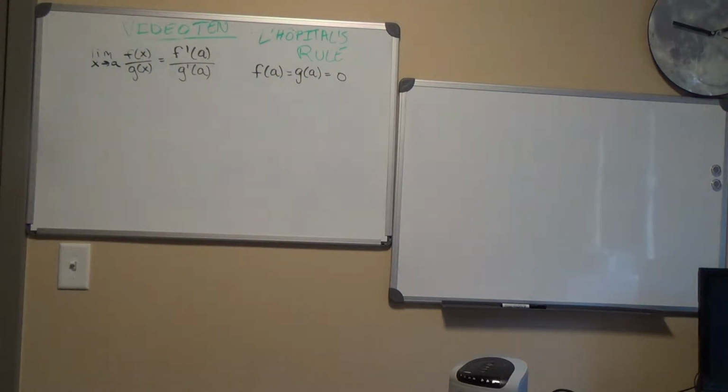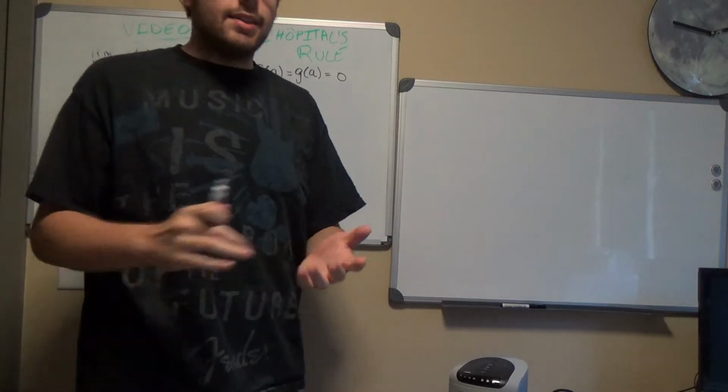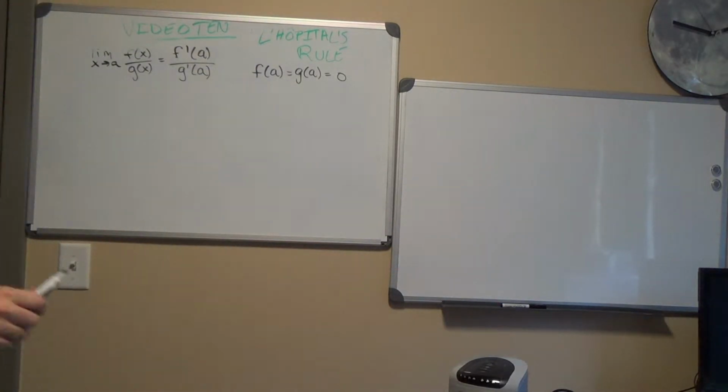We're going to go through a couple of examples, and then I'm going to go over a proof that shows that this works for any derivative as long as these conditions are met.